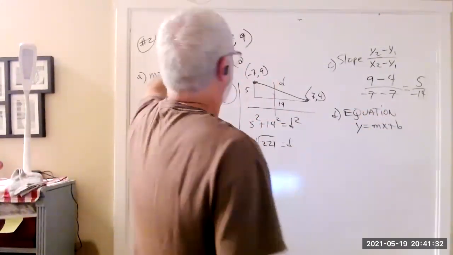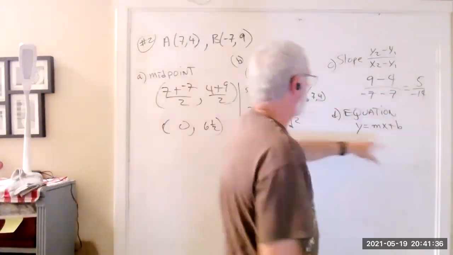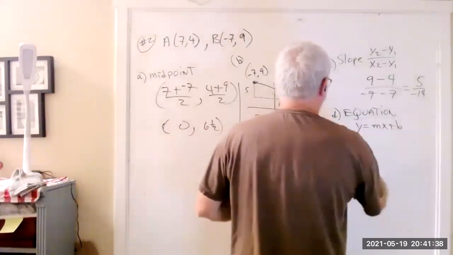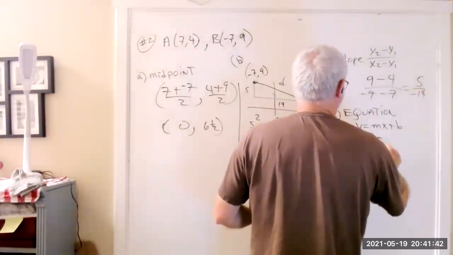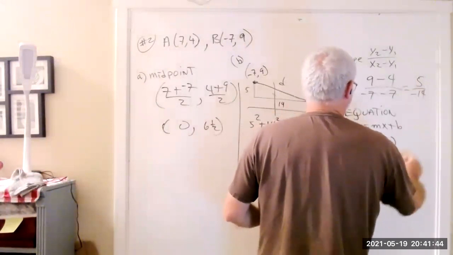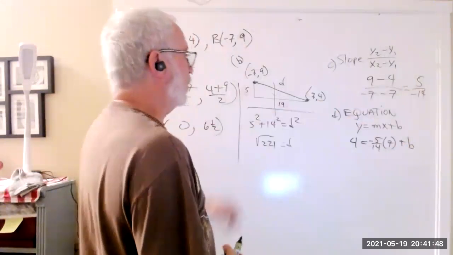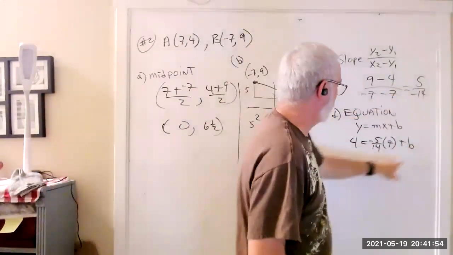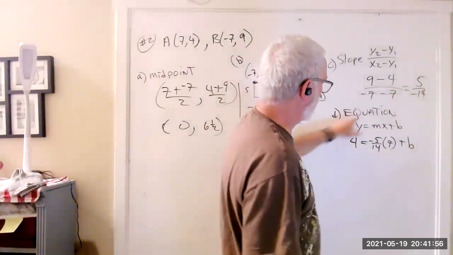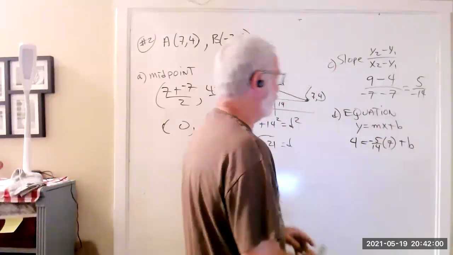So I'm going to plug this point and this slope into that equation. I'm going to say 4 equals negative 5/14 times 7 plus b. So I have the point 7, 4. I have the slope 5 over negative 14. I plugged all of those in. b is unknown, but I can solve for that.